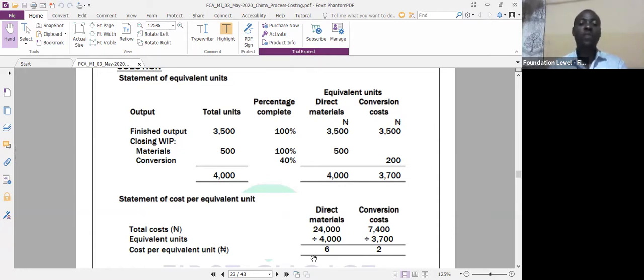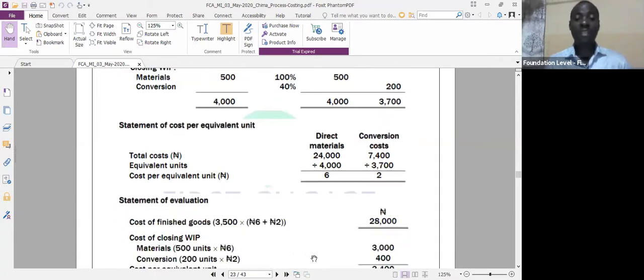So it means that for each loaf of bread that we have, it feels like 6 naira of direct material is involved. Then we go to conversion. The total cost we spent on conversion so far is 7,400. And it feels like 3,700 has been completed. So 7,400 divided by 3,700 means 2 naira per conversion.